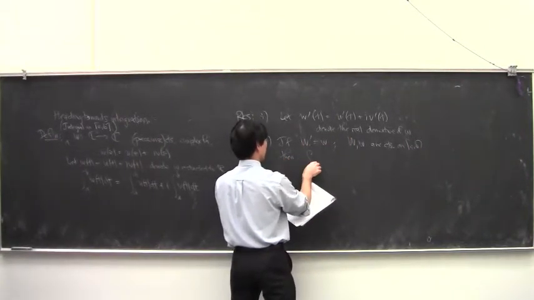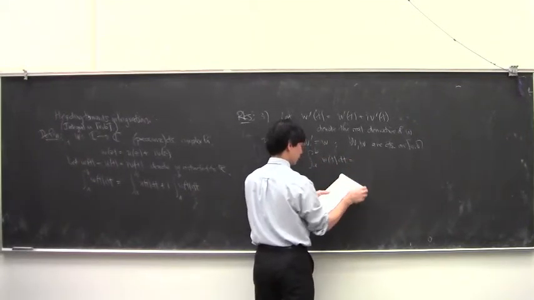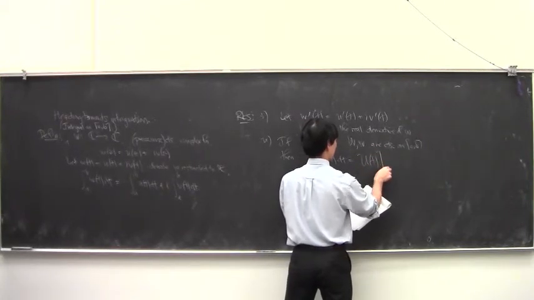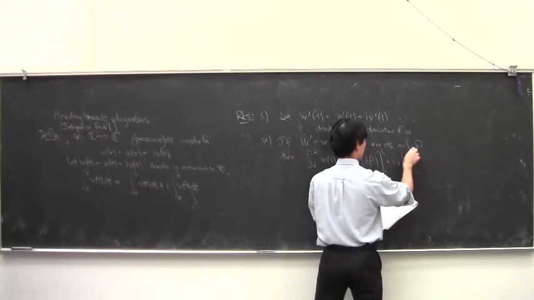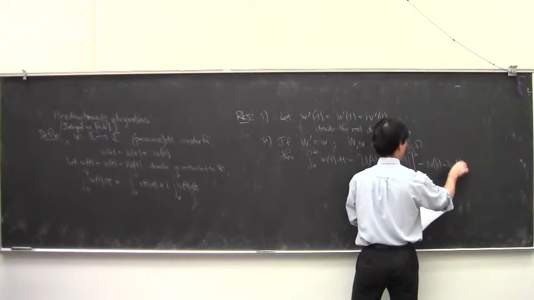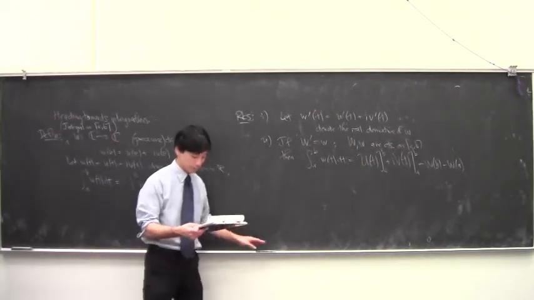Then the integral of the little guy is going to be big W of b minus big W of a, what you expect.